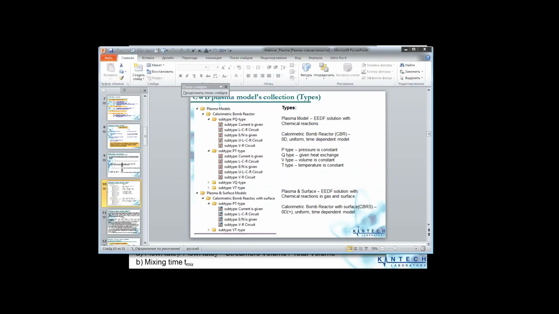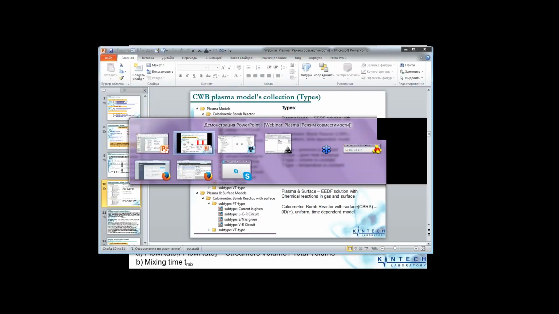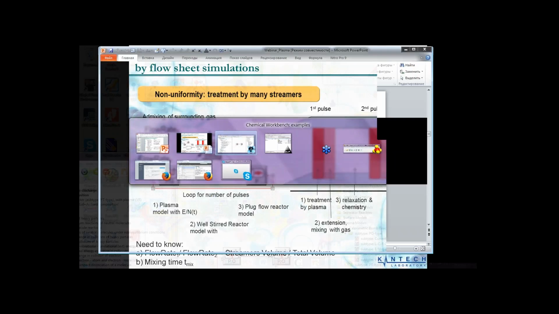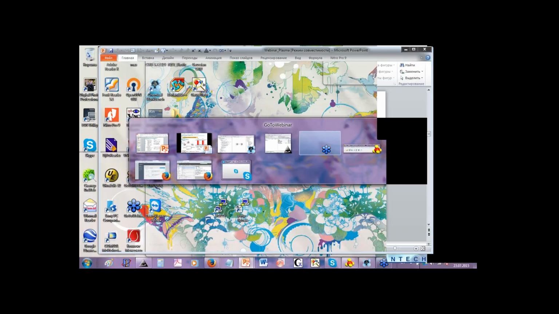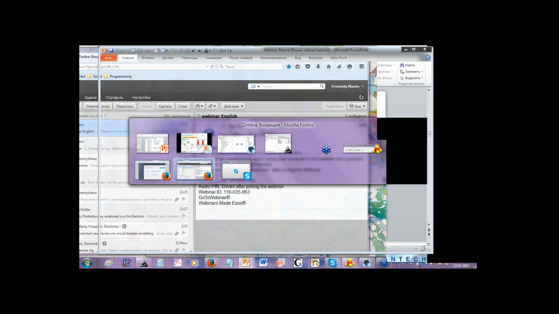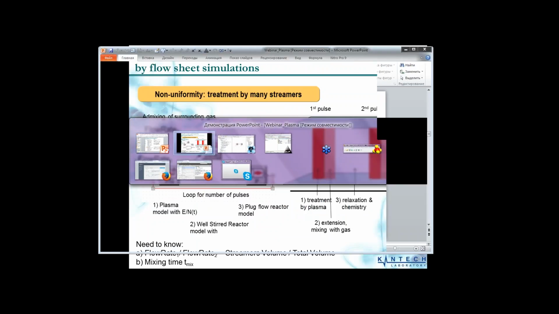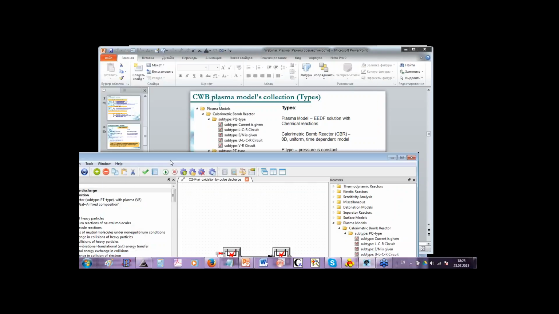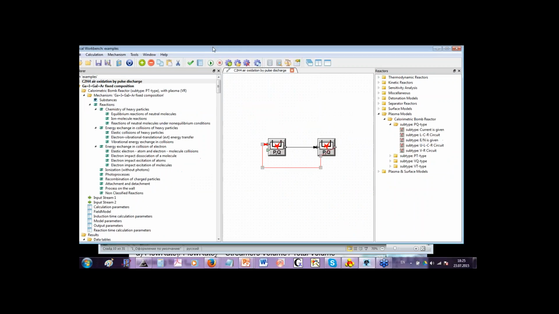Let me demonstrate this one in the code, where you get Chemical Workbench. Here. Okay.